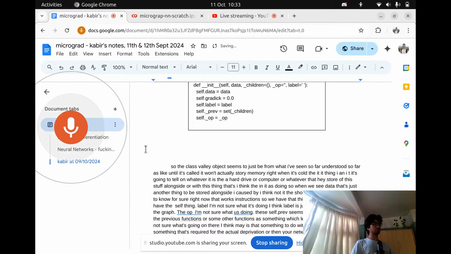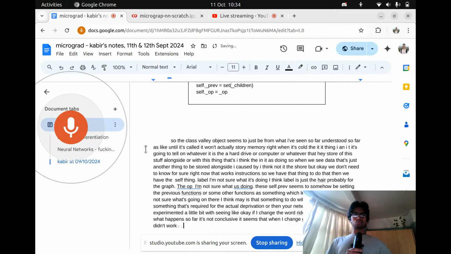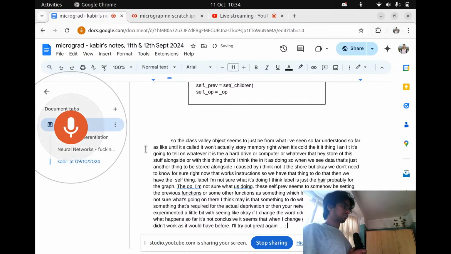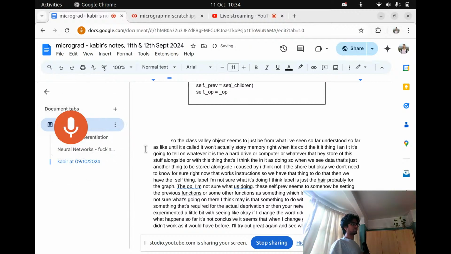I experimented a little bit with seeing, okay, if I change the word grad into something else, what happens? So far, it's not conclusive. It seems that when I change grad to gradic, then it didn't work as it would have before. I'll try out grad again and see what happens. Yeah, I'm not entirely sure about this.